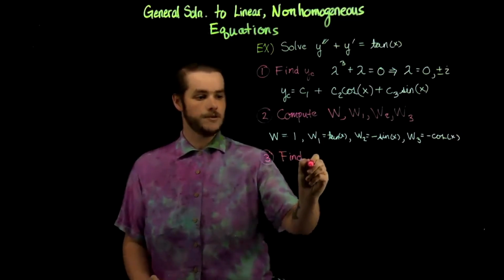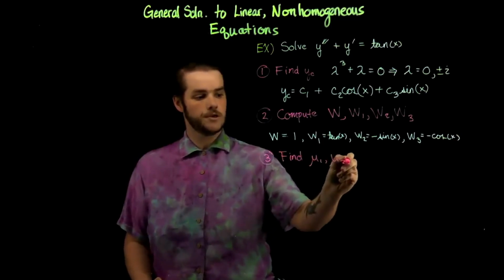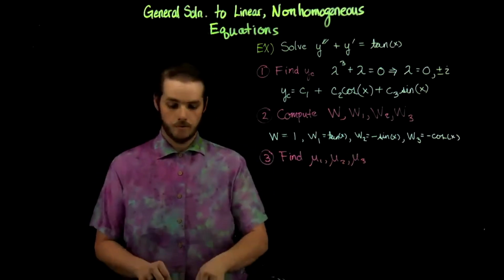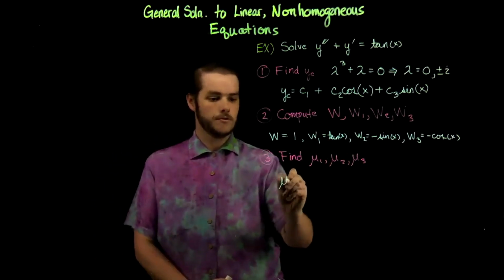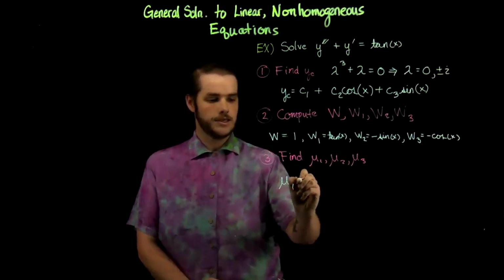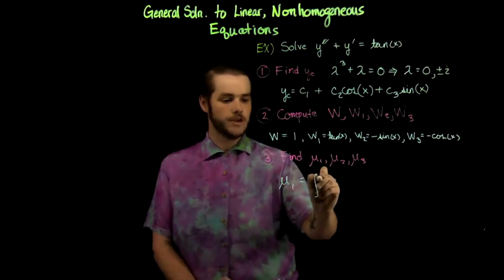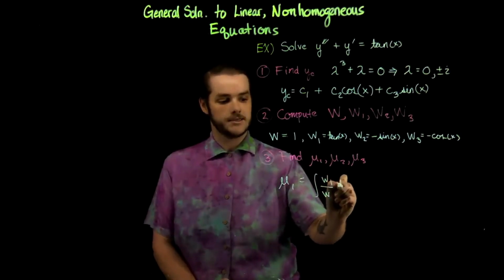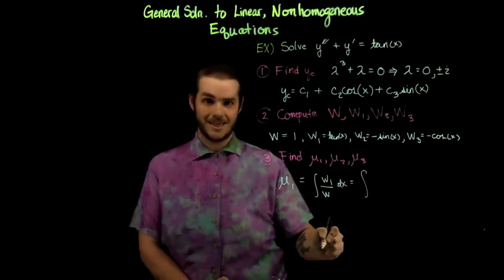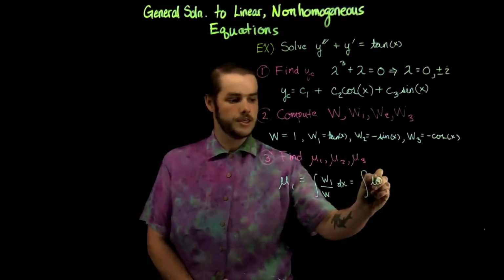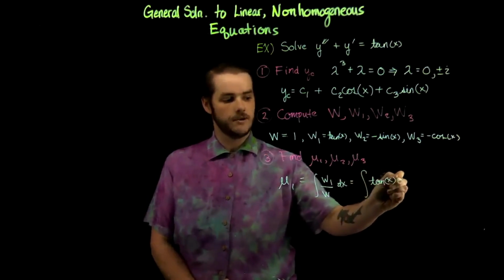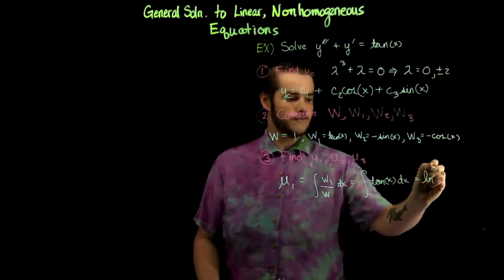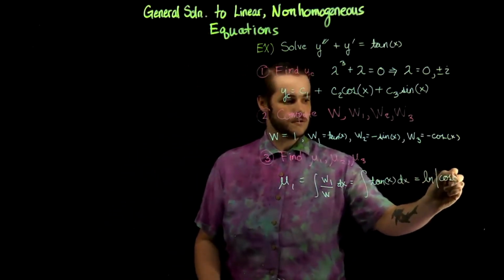I can find mu1, mu2, and mu3 by integrating them. Remember, mu1, for example, is just the antiderivative of W1 over W dx. In this case, W1 is tangent, and W is just 1, so it's the antiderivative of tangent. And that is natural log of the absolute value of cosine of x.